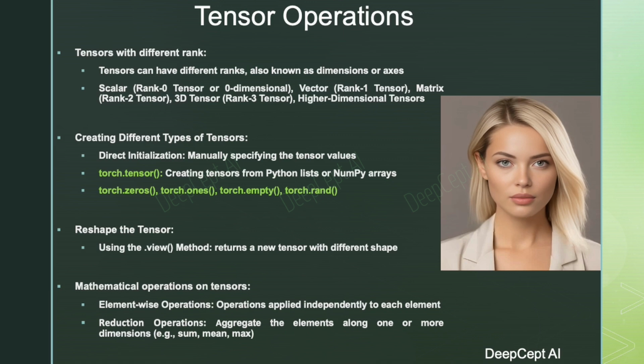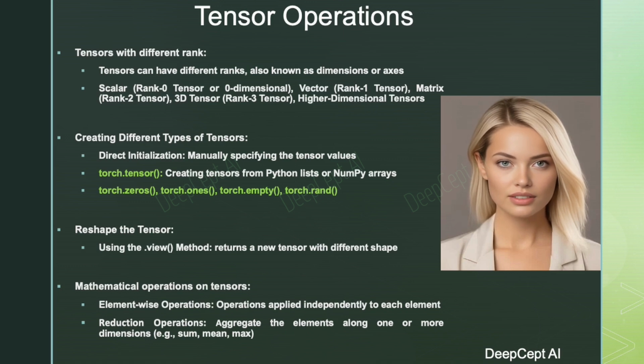Reshaping tensors in PyTorch is facilitated by methods like .view and .reshape, enabling adjustments to tensor dimensions while preserving the underlying data. Moreover, PyTorch supports a diverse range of mathematical operations on tensors, including element-wise operations like addition, subtraction, multiplication, and division, as well as reduction operations like sum, mean, and max.